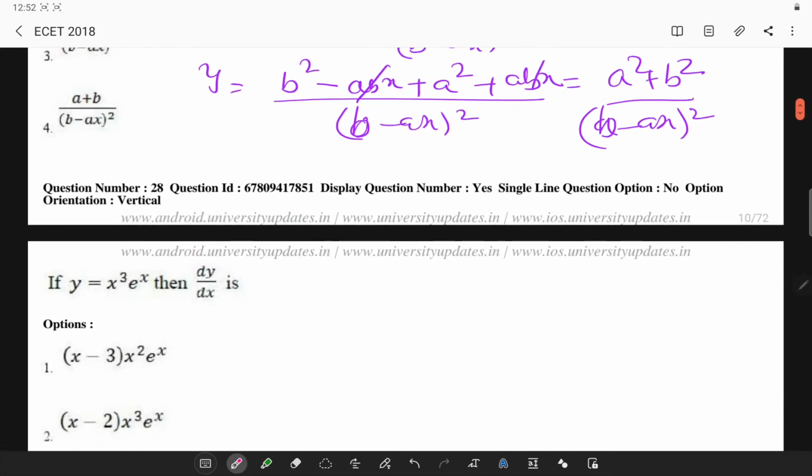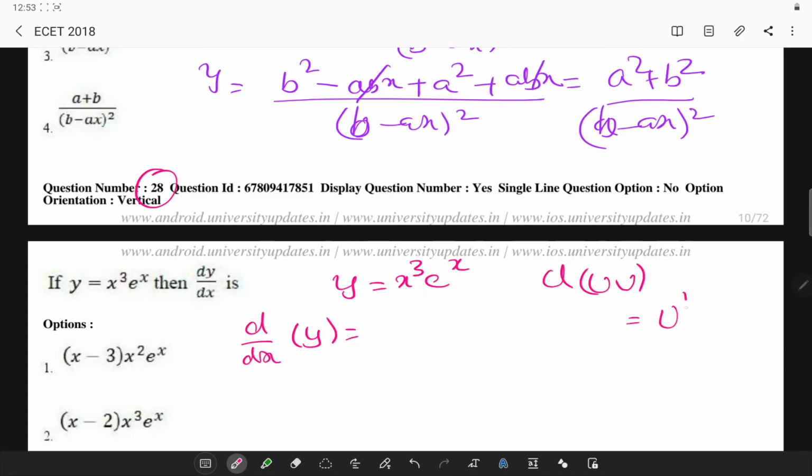The next question is related to derivatives. So you have y is equal to x cube into e power x. If you take the derivative, that is the uv rule, which is u dash into v plus u into v dash.